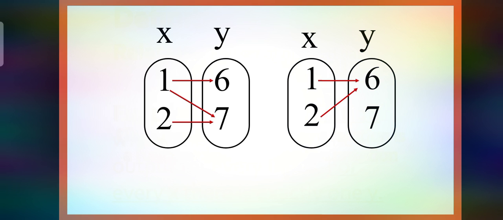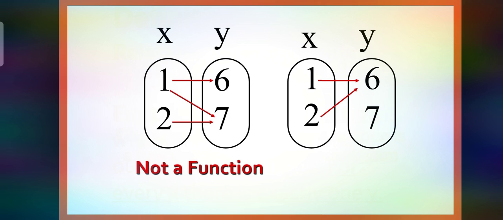For example, the given values for x are 1 and 2. For y, we have 6 and 7. 1 can be paired with 6, 1 can also be paired with 7, and 2 can also be paired with 7. In another way, 1 can be paired with 6, 2 can be paired with 6.